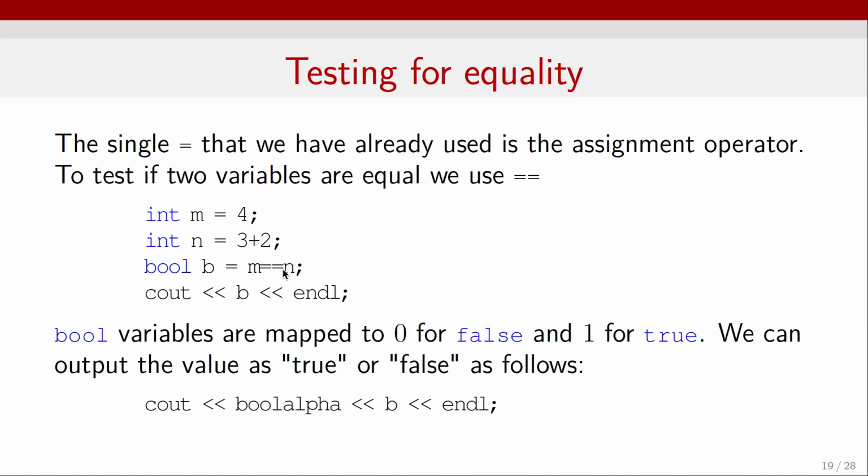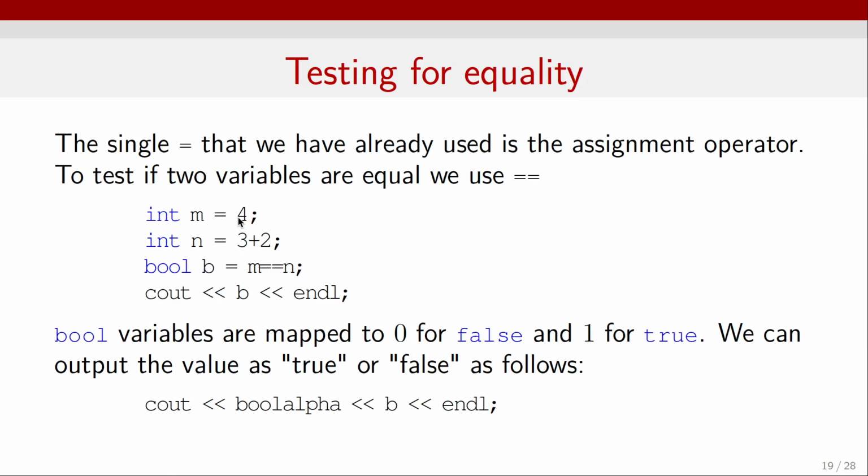m equals n is asking, is m equal to n? And the result is going to be true or false. So the Boolean variable is going to map false to 0 and true to 1. So this Boolean variable b will either be 0 or 1, basically.